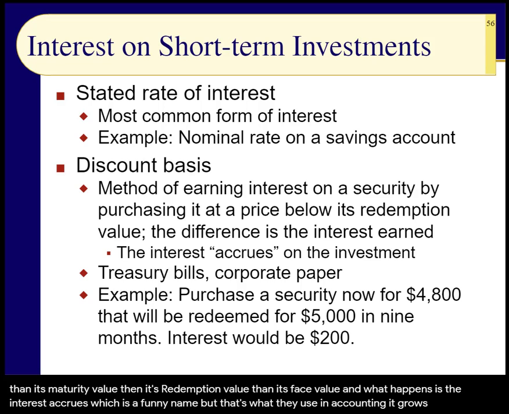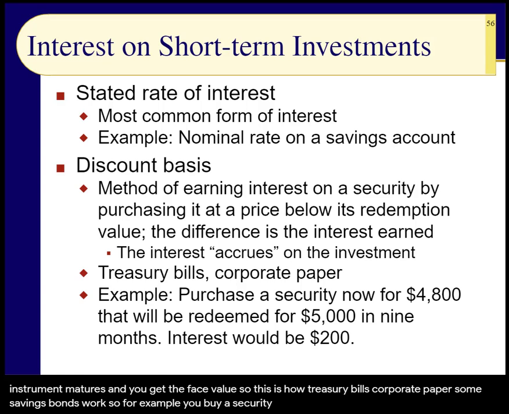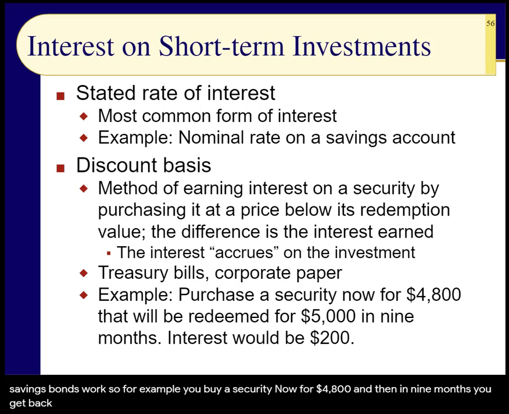It grows until finally the instrument matures and you get the face value. So this is how Treasury bills, corporate paper, and some savings bonds work. For example, you buy a security now for $4,800, and then in 9 months, you get back $5,000. So your interest would be $200. Now you will be told what the interest rate is. You'll be told the rate.